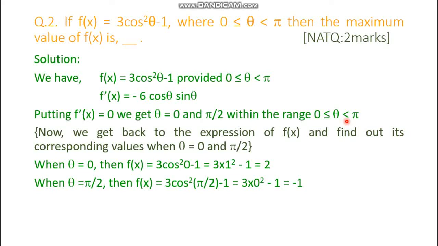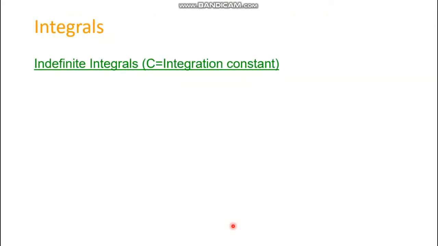So which is the maximum value? 2 is the maximum value. So your entry on the computer screen should be 2, because this is a numerical answer type question. So you just type 2 and press the enter button.